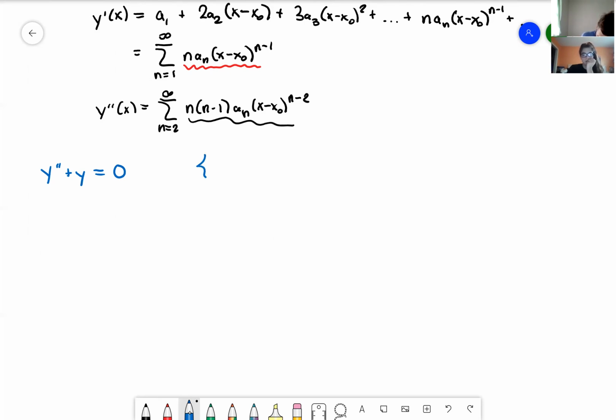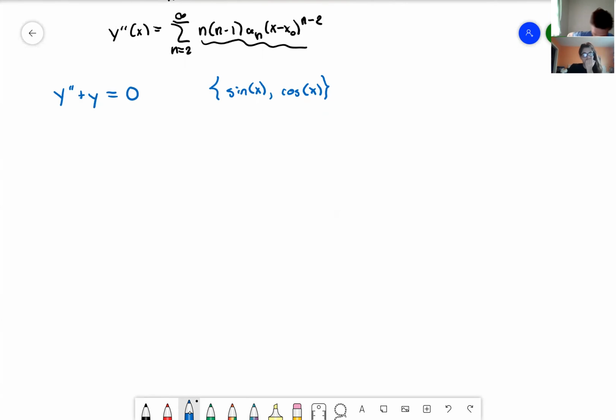The fundamental set is sine of x, cosine of x. We derived this through perhaps some slightly complicated algebraic reasoning to come to the conclusion that the fundamental set for this was sine and cosine. Now we're going to see how to do it with the power series, though. And you might come to the conclusion that it's a little bit easier.